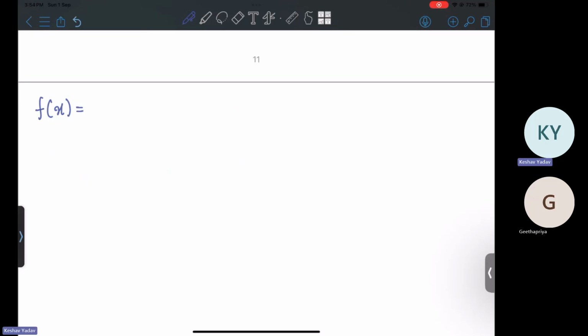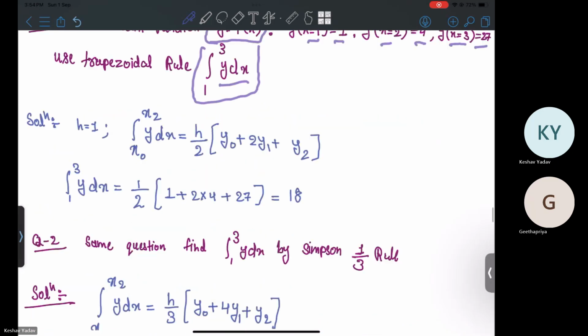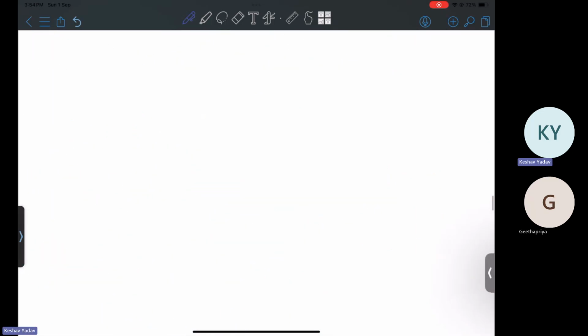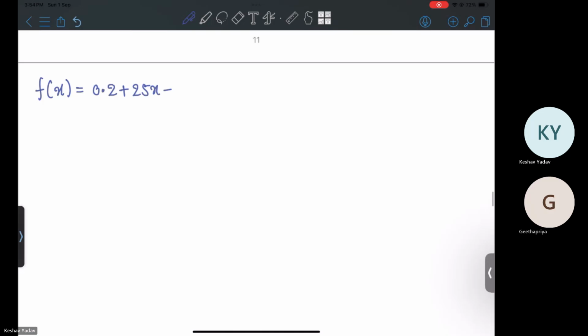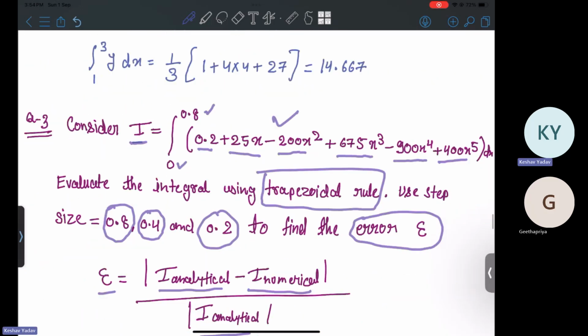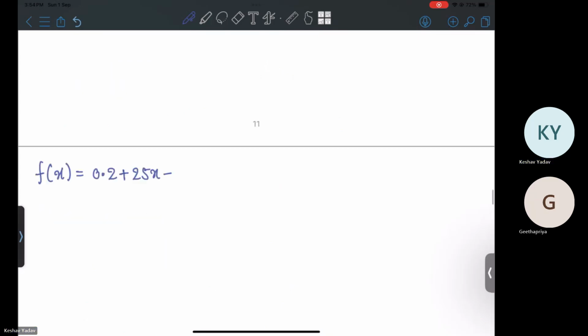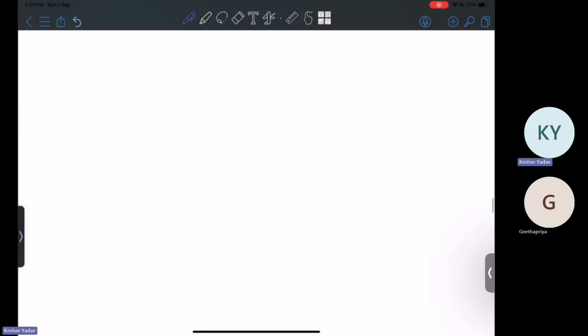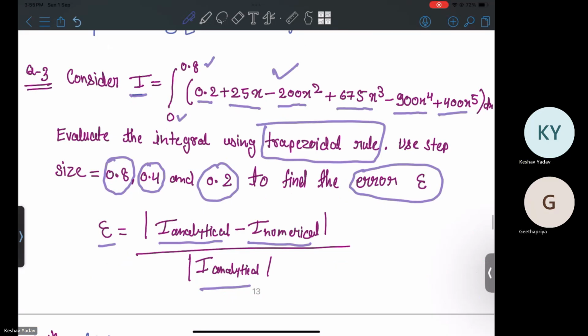F of x is equal to 0.2 plus 25x minus 200x square plus 675x cube minus 900x to the power 4 plus 400x to the power 5. Okay, this is the function we have.